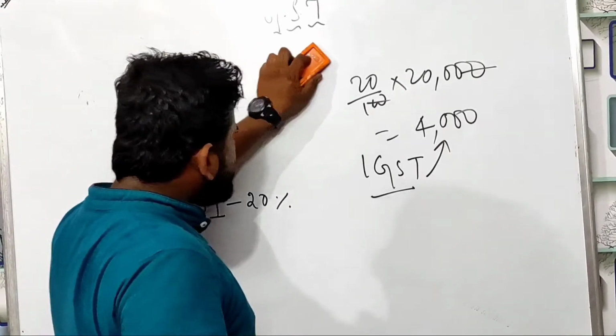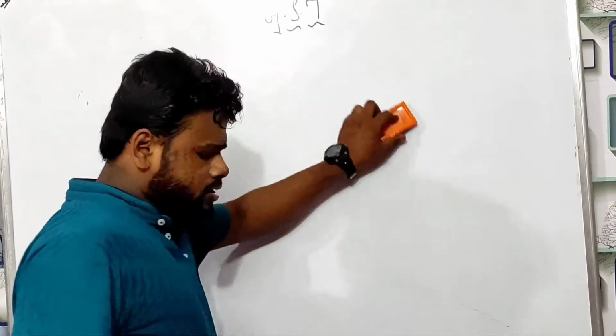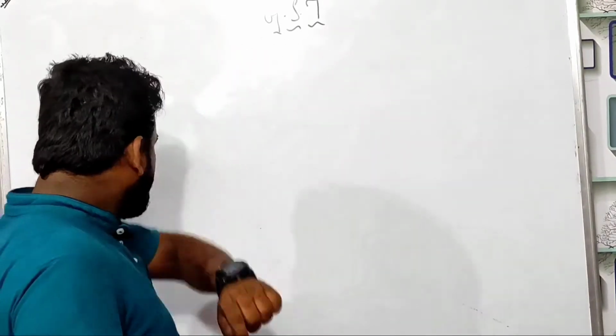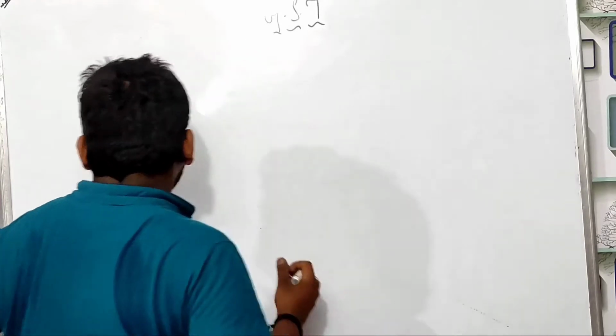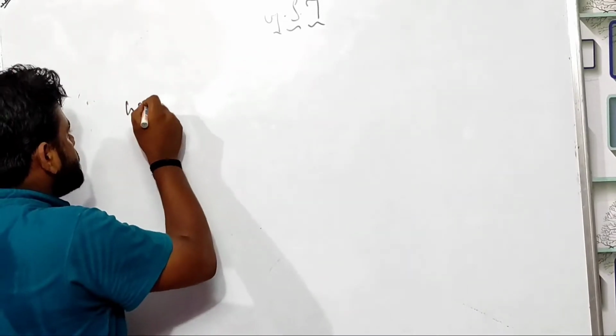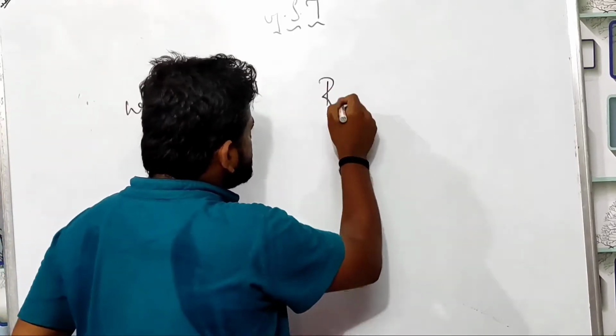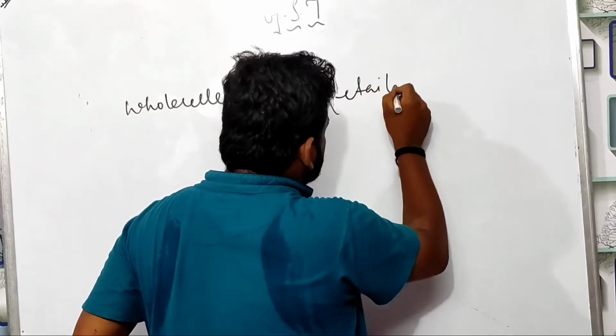That is one of the most important concepts, children, which I wanted to talk about. Suppose wholesaler, retailer, consumer.